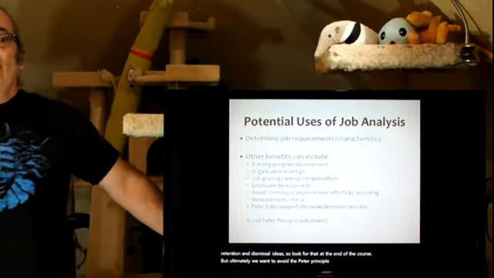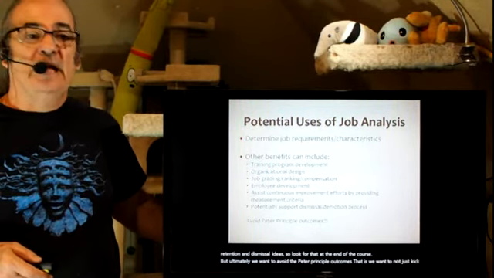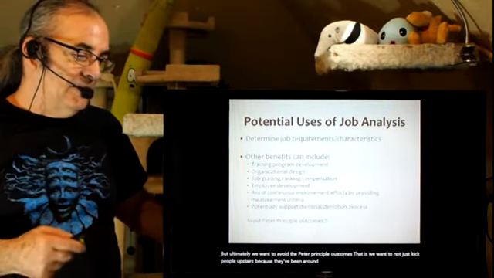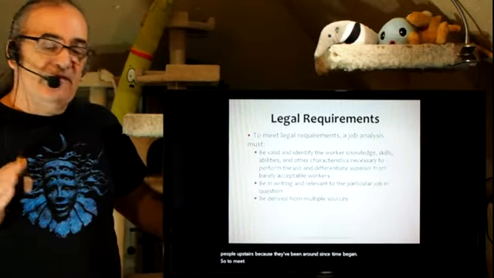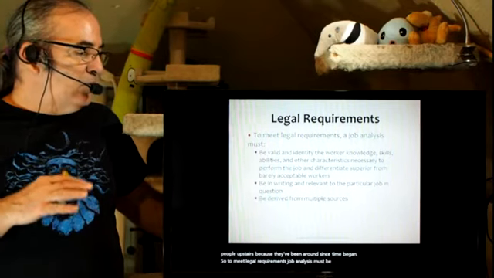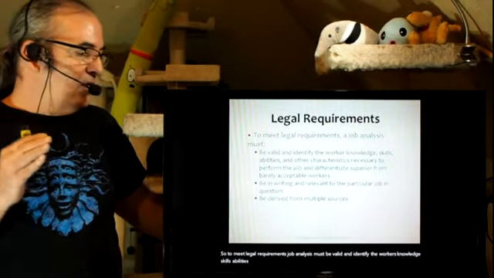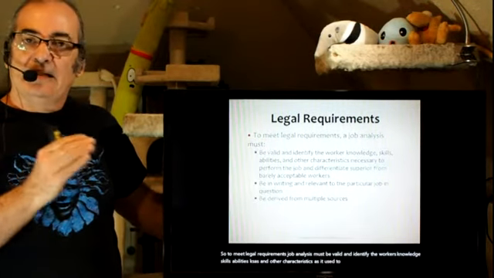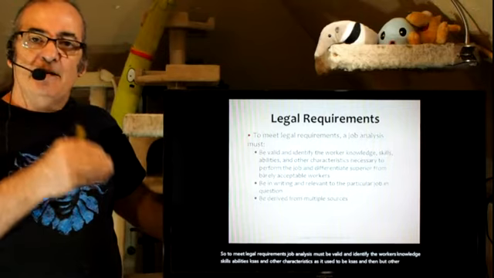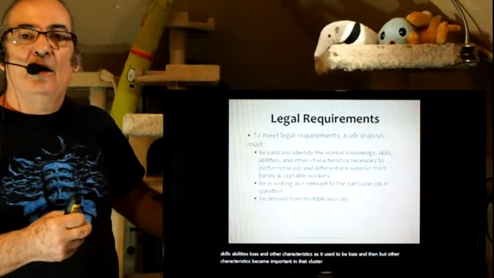That is, we want to not just kick people upstairs because they've been around since time began. So, to meet legal requirements, job analysis must be valid and identify the worker's knowledge, skills, abilities, KSAs, and other characteristics. It used to be KSAs, but other characteristics became important in that cluster of ideas, so it's now KSAOs.